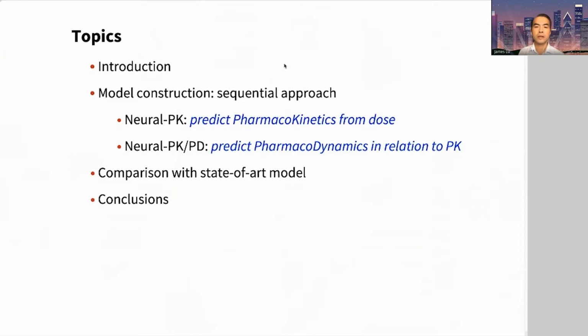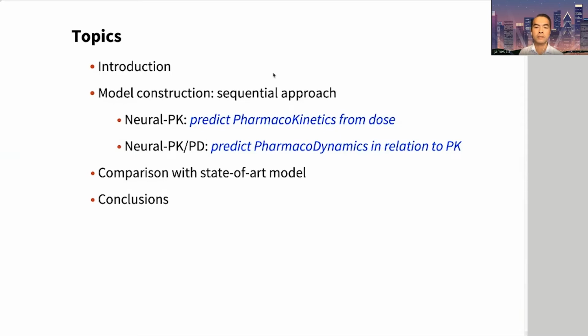I will first give an introduction as to why we are using neural nets to build PKPD models. Then, I'll get into how we are using Wolfram Language to implement this. In particular, I will show how Wolfram Language enables model construction in a sequential approach. Firstly, I'll discuss the neural PK model, whereby we aim to predict pharmacokinetics from dose.